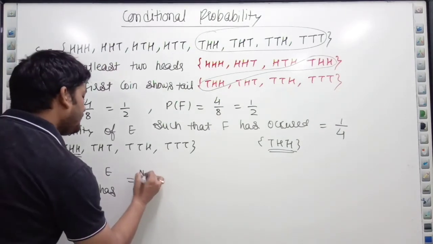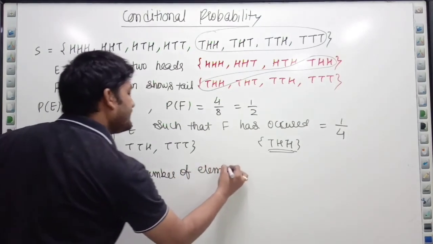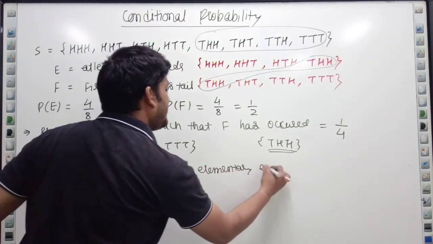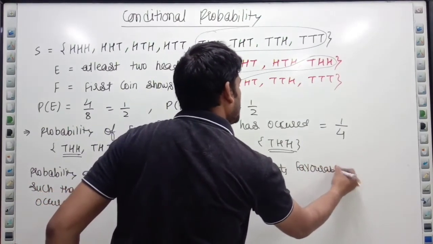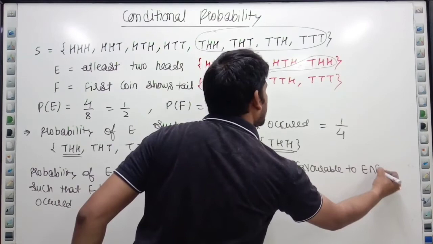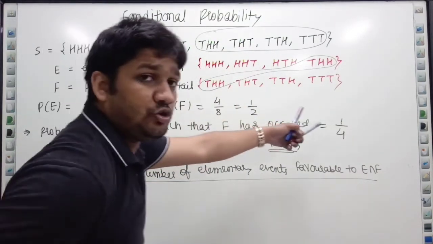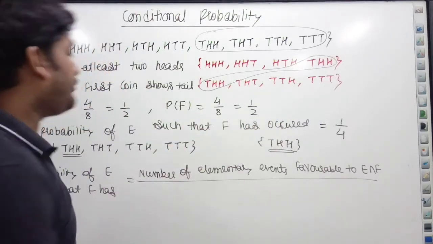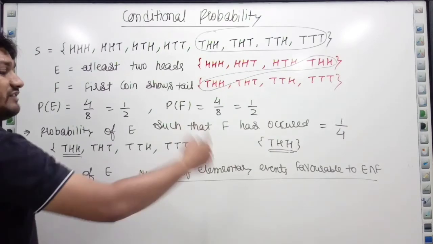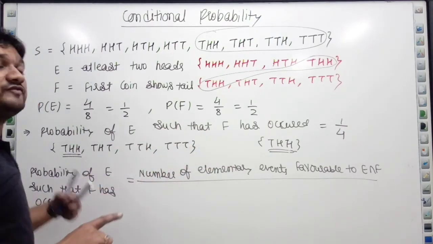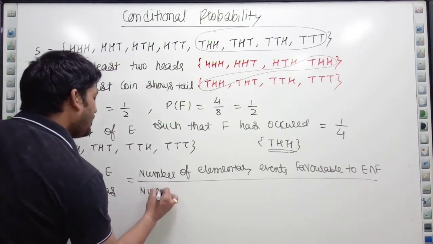It means the number of elementary events favorable to E intersection F. Because we have written 1 in the numerator. How have we written 1? 1 for this THH, and this THH is common in both. So we have written the number of events favorable to E intersection F, and upon the number of elementary events favorable to F.